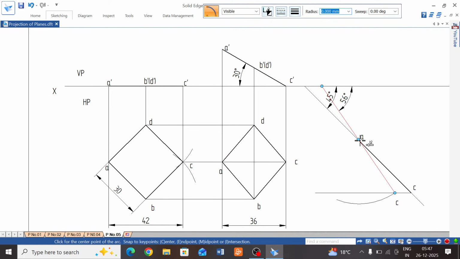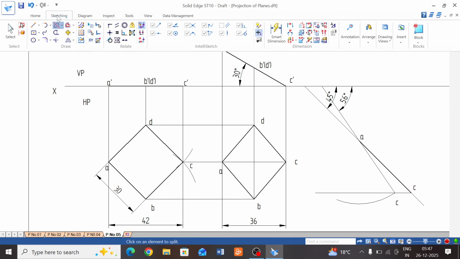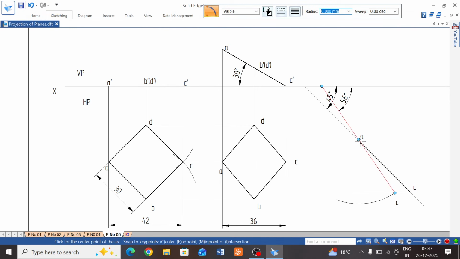One dimension using compass 28 mm from all the four side.